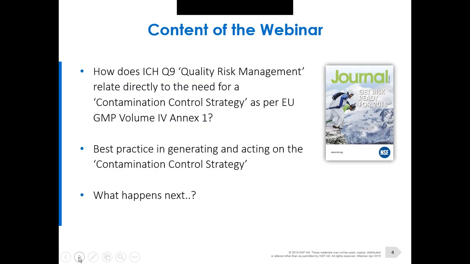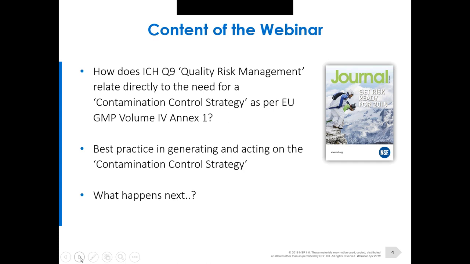So, what I'm going to talk about is how ICH Q9 has developed as a key guidance for industry and how it relates directly to the importance of having a contamination control strategy. Now, this is particularly important for those of you who are making sterile products and therefore have to comply with EU GMP Volume 4 Annex 1, but there's also an awful lot of very important learnings here for non-sterile products.